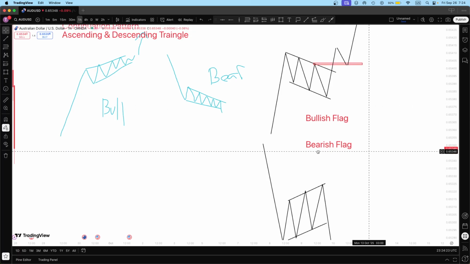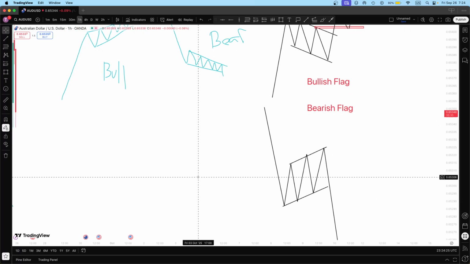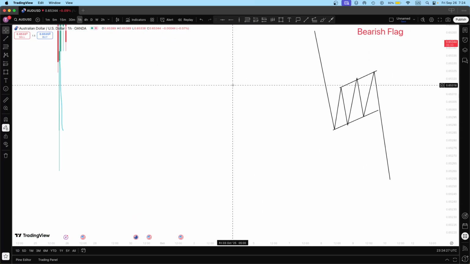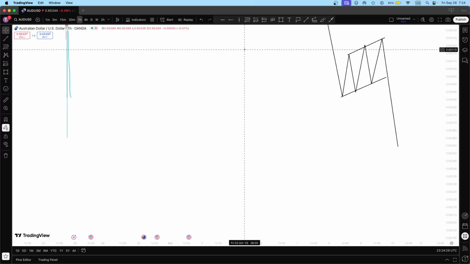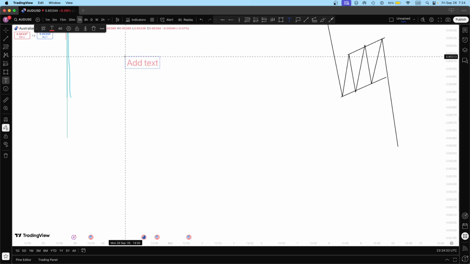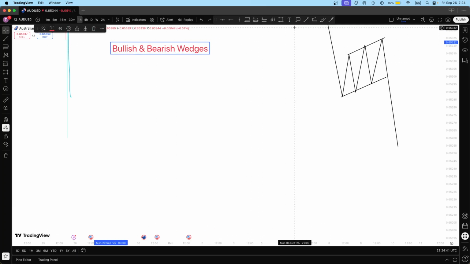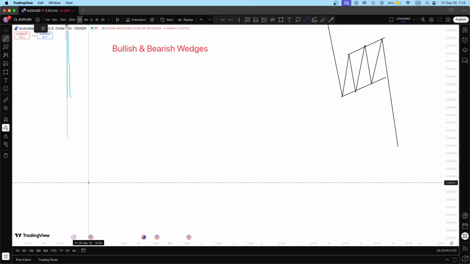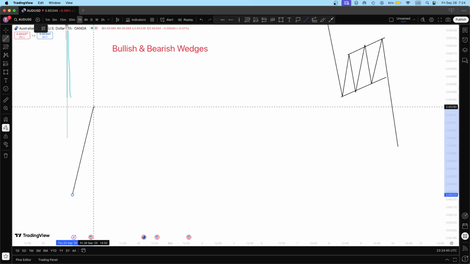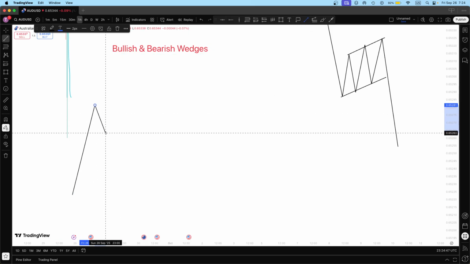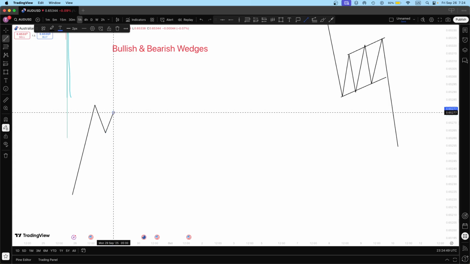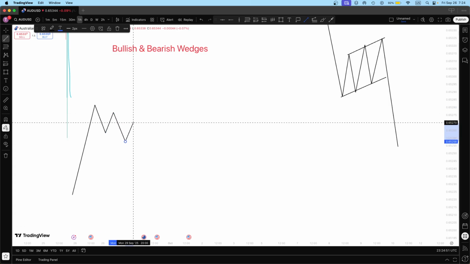Okay, so this is the next continuation pattern, and we have bullish and bearish wedges. Bullish and bearish wedges look like an impulsive move, and then the corrective is more spread out.